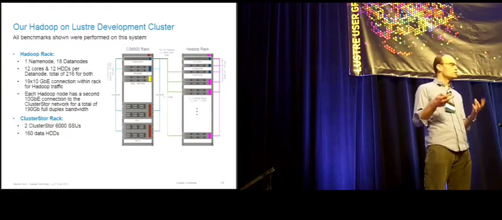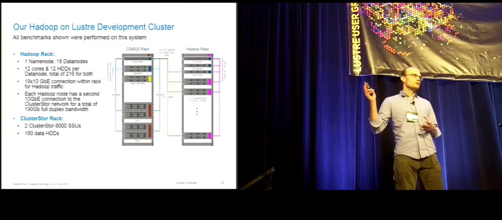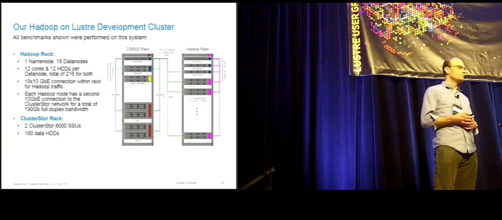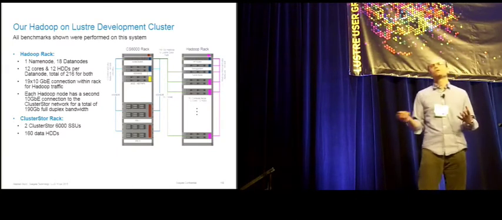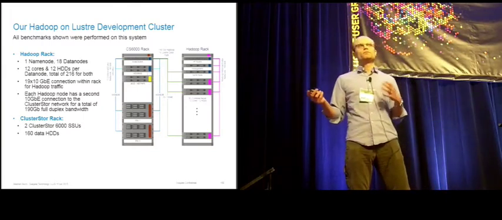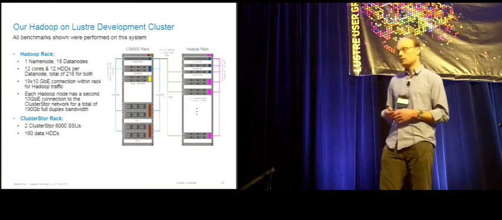But each Hadoop node also has a second 10 gigabit Ethernet going to the ClusterStor rack, where we have two ClusterStor 6000s. And we have enough network bandwidth across all of this that we can basically utilize the Lustre bandwidth fully. So the network's not a bottleneck at all in here.